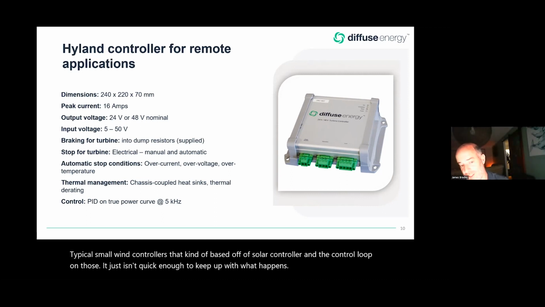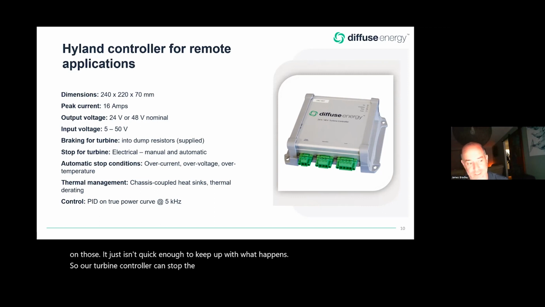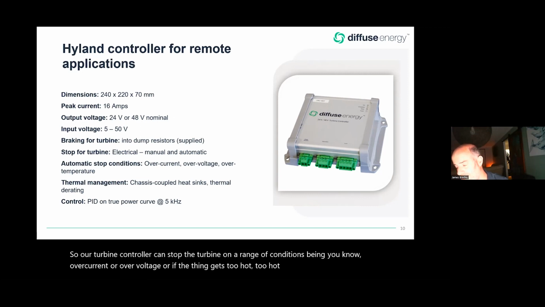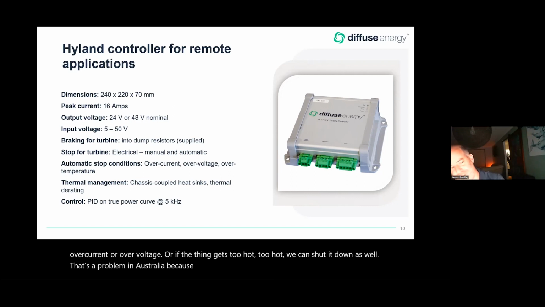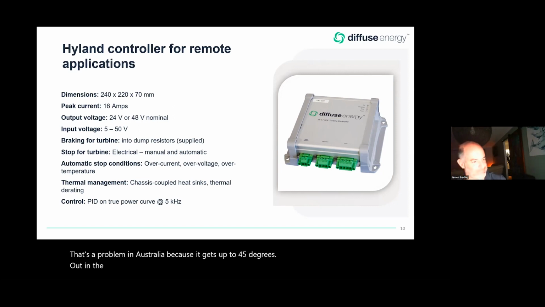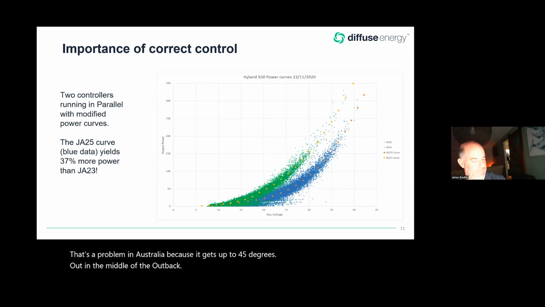So our turbine controller can stop the turbine on a range of conditions, being over current or over voltage, or if the thing gets too hot, we can shut it down as well. That's a problem in Australia because it gets up to 45 degrees out in the middle of the outback. So appropriate control of small wind turbines is pretty important.